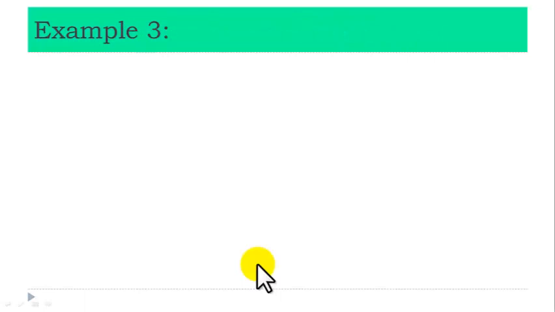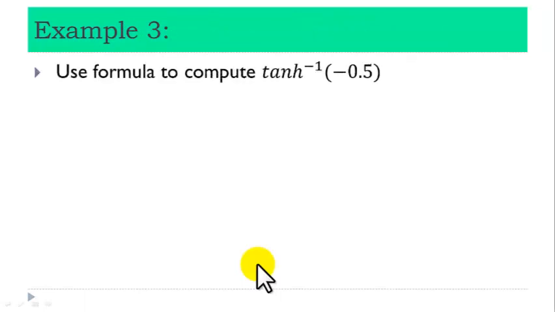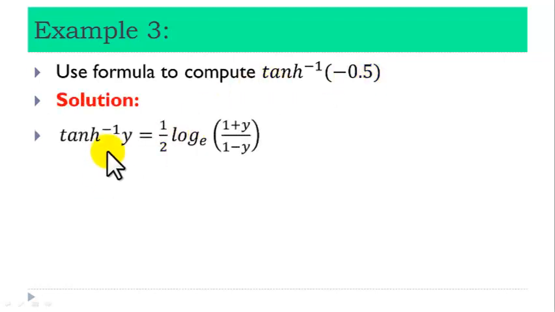Example 3. Use the formula to compute arctanh of minus 0.5. Solution. We recall that arctanh y is equal to half times natural log of 1 plus y all over 1 minus y.